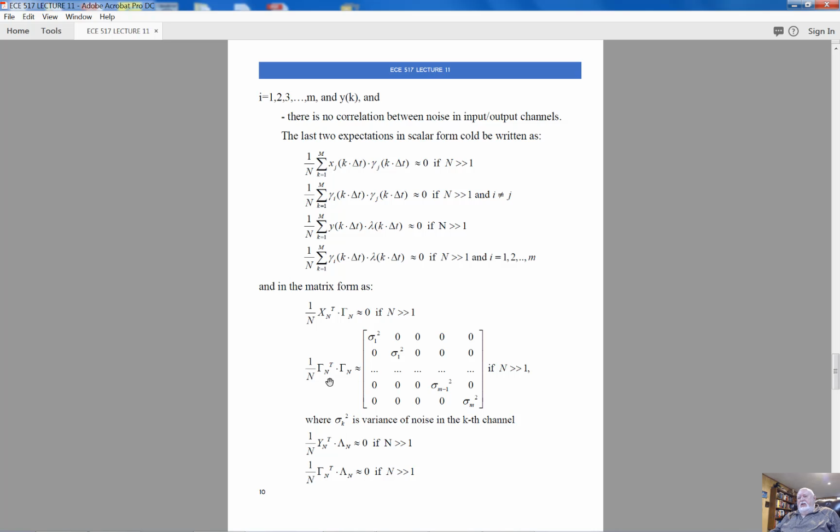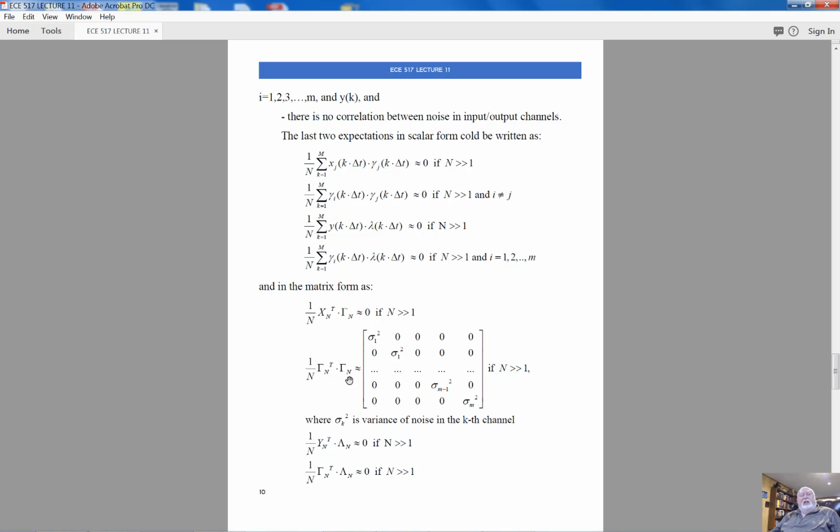I have huge matrix gamma. It contains all components of noise recorded for time equal 1, time equal 2, up to time equal capital N times delta T, of course. And it's multiplied by exactly the same thing, but not transposed.